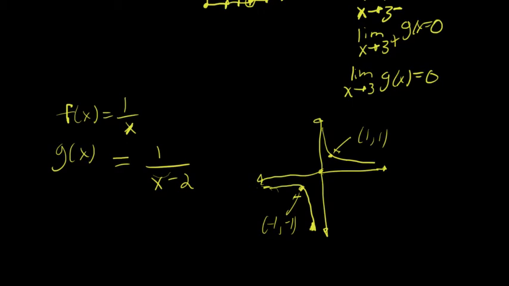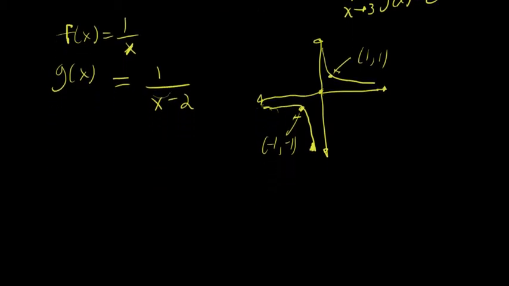So everything that's going to be happening to f of x will be happening to g of x, only 2 units to the right. So the graph of g of x is going to look like this, only shifted 2 units to the right. Basically this is 2, 0.